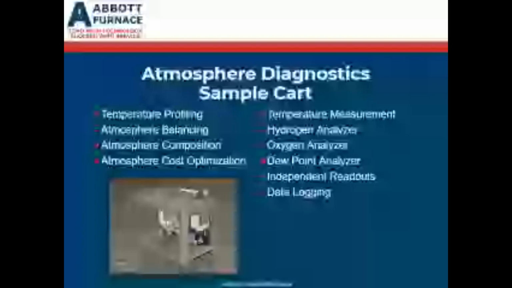So maybe if the furnace is a little bit out of balance, or if we've trimmed the flows back, trying to reduce the amount of atmosphere flow or the amount of hydrogen that we flow in the atmosphere, you may be causing yourself a problem, causing a leak by letting air ingress through the front of the furnace or down through the stacks.